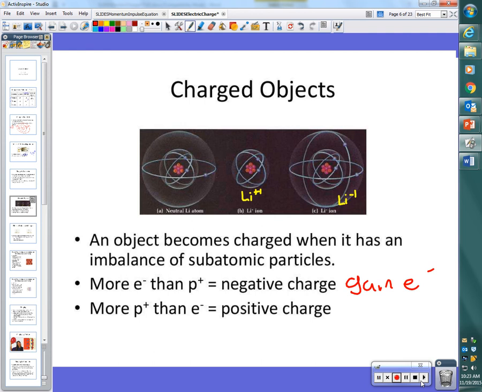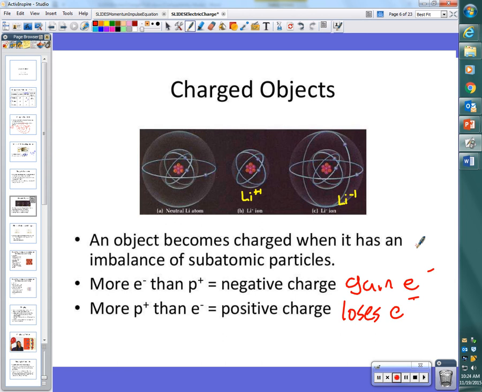And what we'll find is that figuring out how many electrons it has to lose or gain depends on how many valence electrons it has. So that valence electron is going to come back again. When something gains a positive charge, it has more protons than electrons, but it doesn't do that by gaining protons.